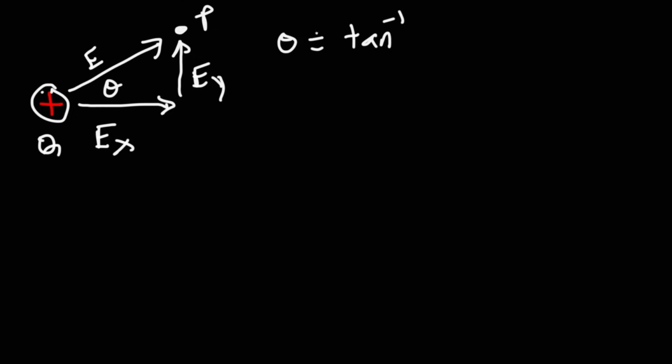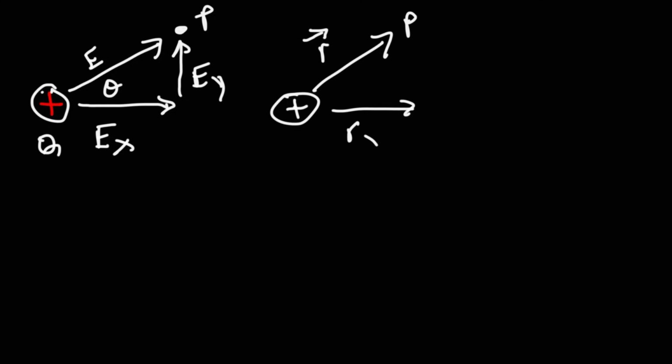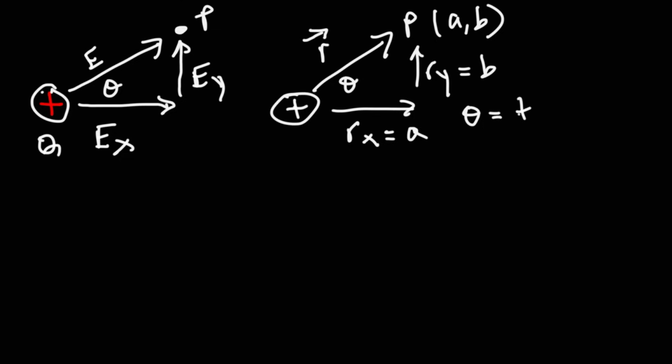But since you don't know Ey or Ex, it's better to do it this way. So relative to the origin, which is going to be the plus charge again, the position vector is going to be in the same direction as the electric field vector. This is going to be Rx, this is going to be Ry. And let's say point P is at (a, b). So remember, a is equivalent to Rx, b is the same as Ry. The angle is going to be the arctangent of Ry over Rx, or b over a.